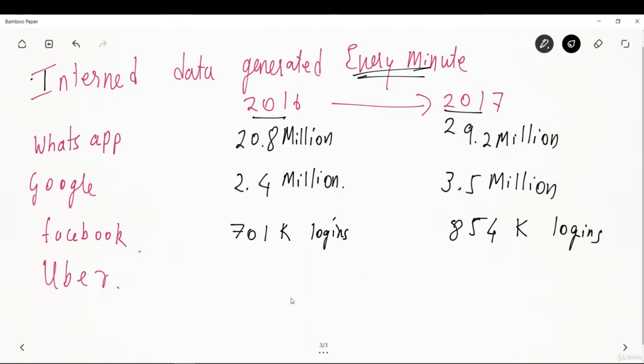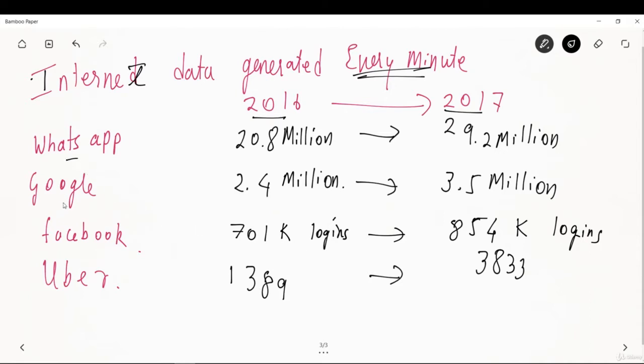Then let's take an example of Uber. In Uber, around 1389 rides were taken every minute, and it increased to around 3833 rides every minute. So we can see the amount of data generated for each of these platforms, WhatsApp, Google, Facebook, and Uber, has increased tremendously.